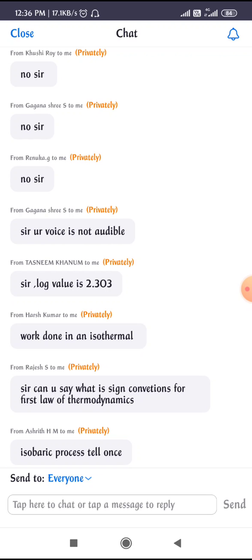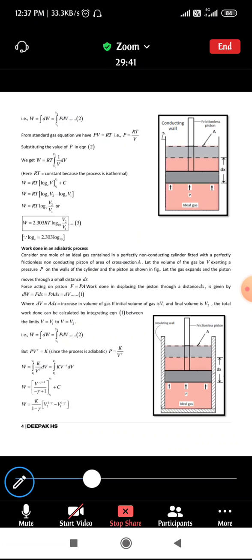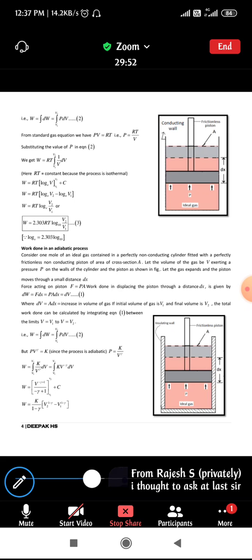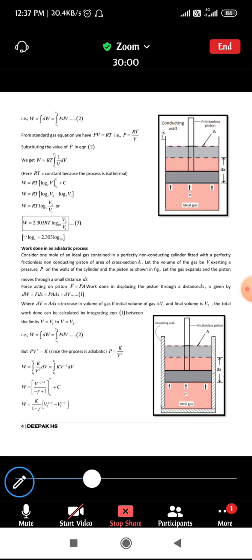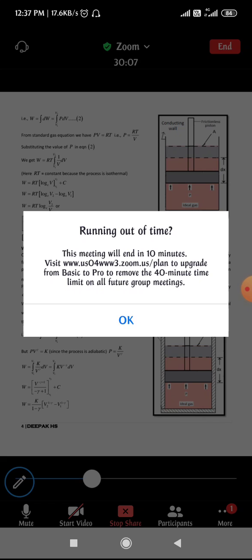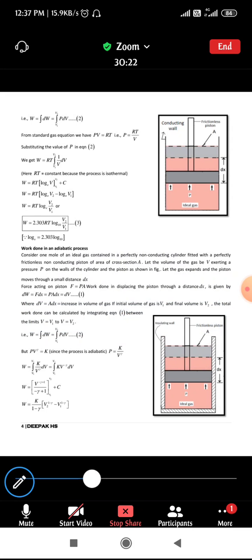When I said, do you have any doubts in the first law of thermodynamics? First, go through the derivation. Go through the integration, the mathematical steps.